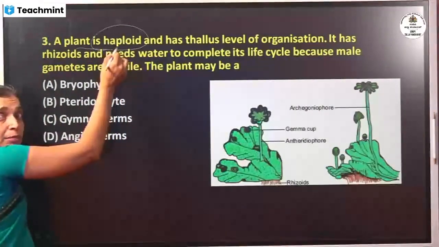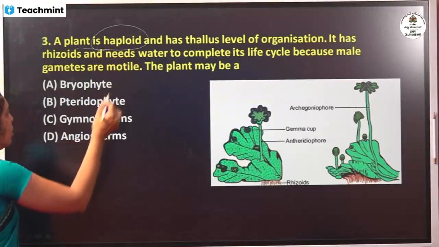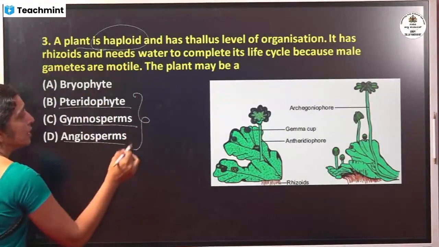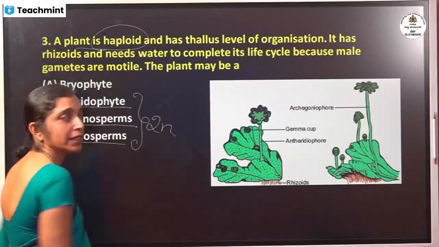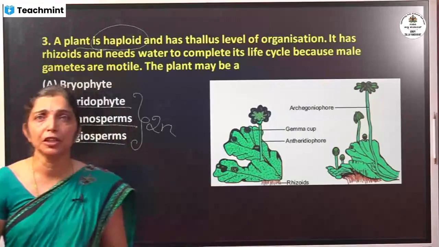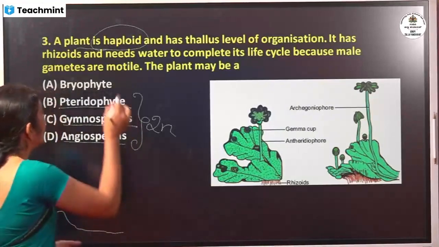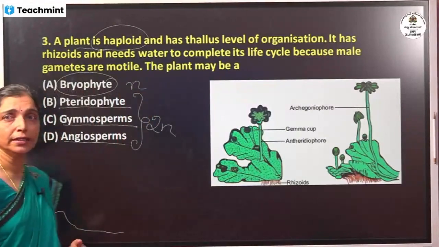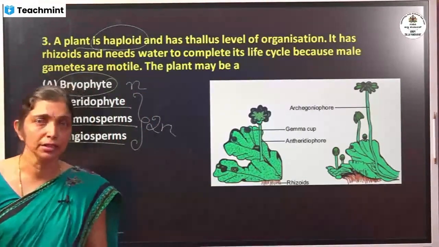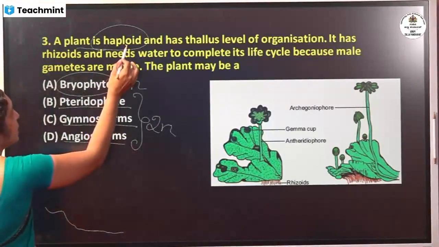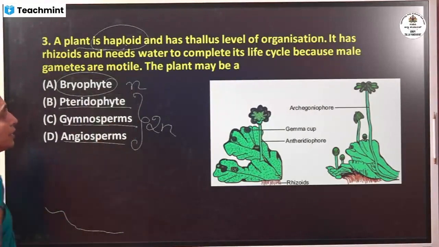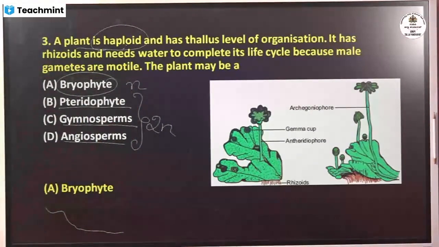Here itself we'll come to know what the right answer is, because pteridophyte, gymnosperms, and angiosperms are basically diploid in nature. The dominant phase over here is diploid, whereas when you come to bryophyte, this is haploid in nature. Here itself you got the answer that the plant that we are talking about is a bryophyte. It is haploid in nature. So the right answer over here is A, bryophyte.